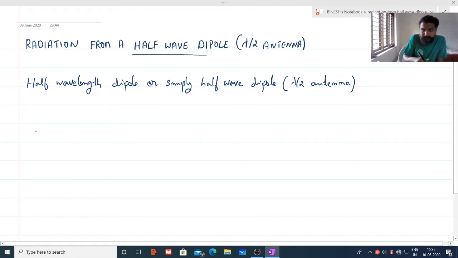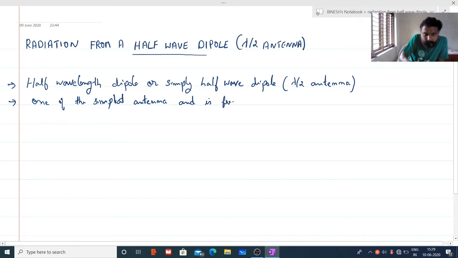The second point is: one of the simplest antennas, frequently employed as an element, that is as a single element of a more complex directional system.